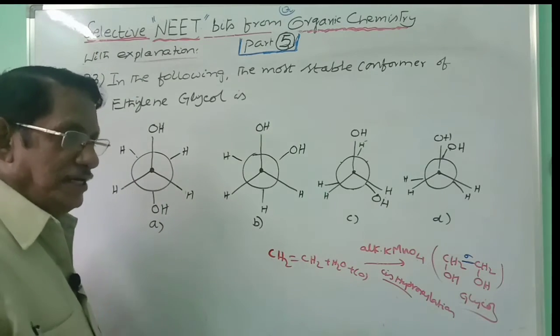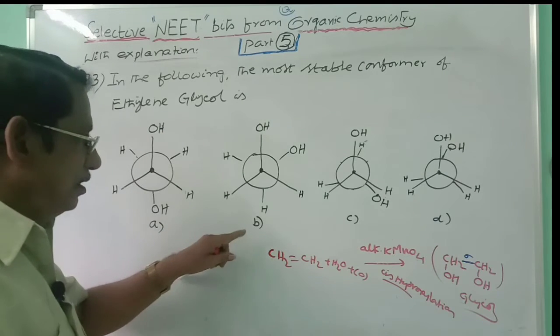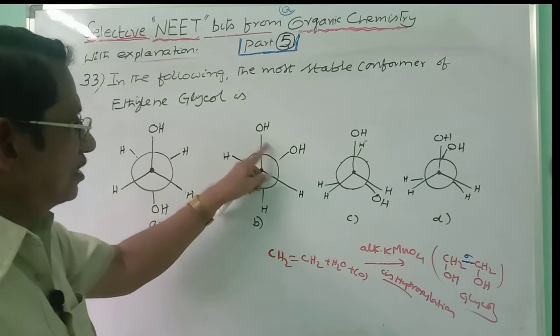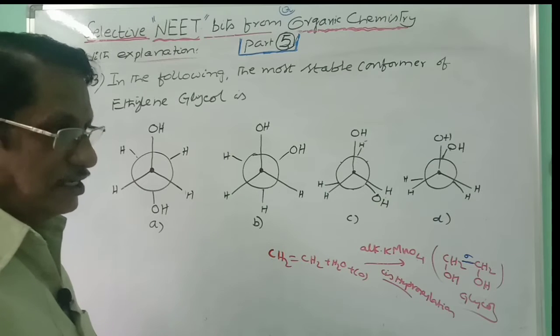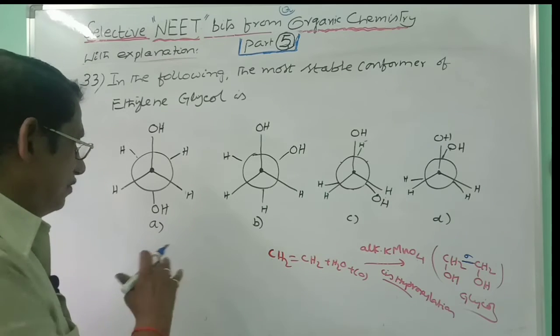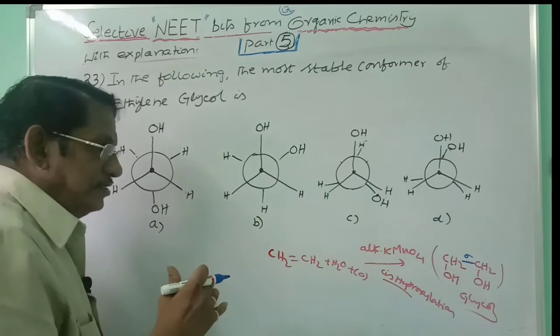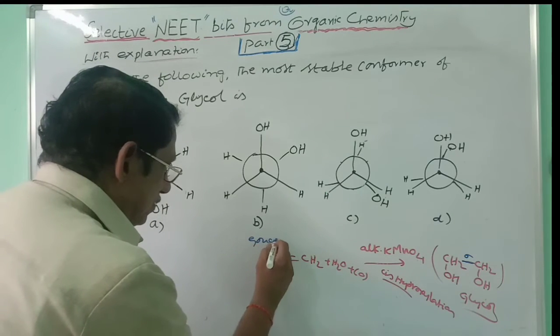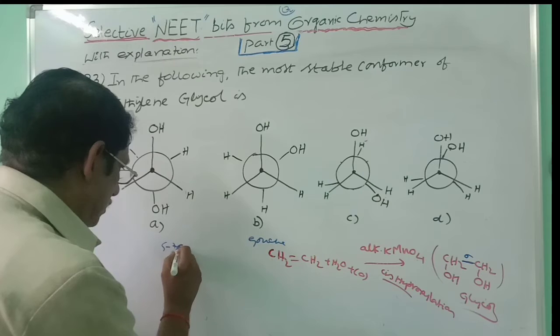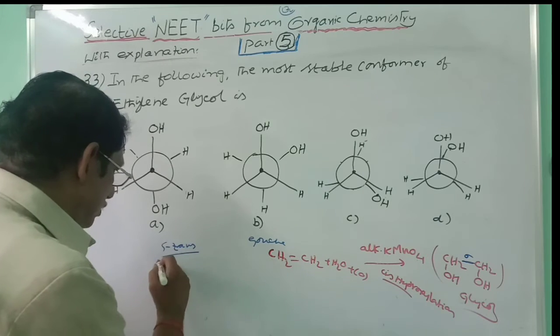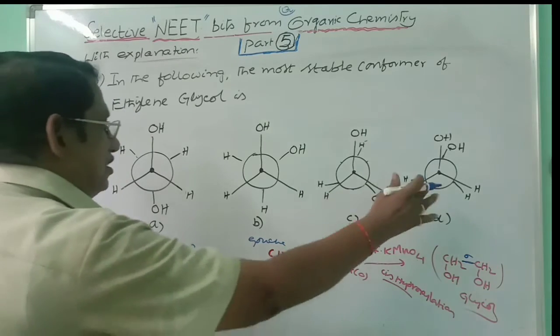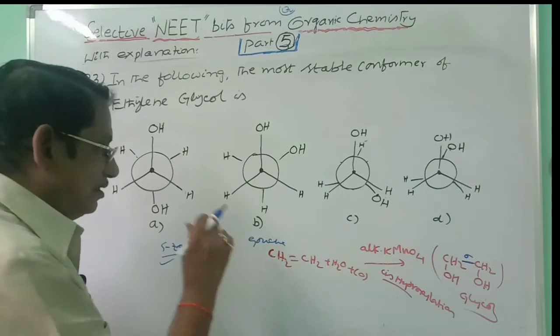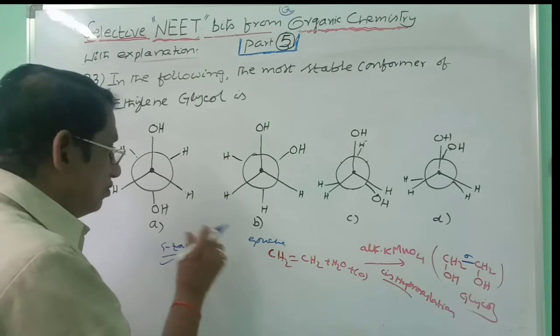But astonishingly, here this gauche conformer, staggered, is more stable. Except for anti, the remaining staggered conformers are called gauche. So this is what you call gauche, and this is called anti. Theoretically speaking, this should be the most stable. These two are less stable, and here the gauche conformer is the most stable one.